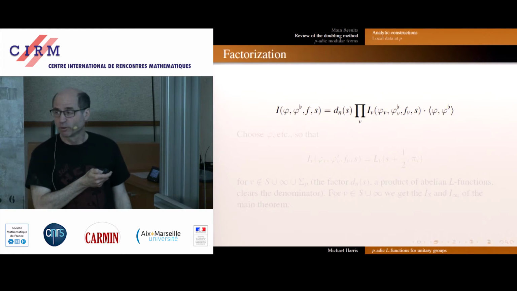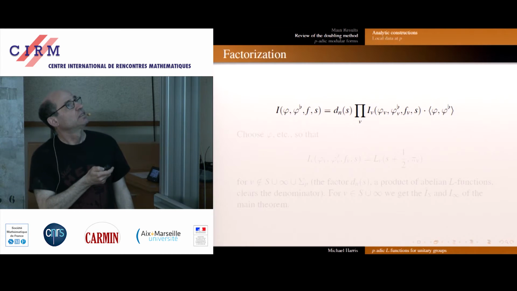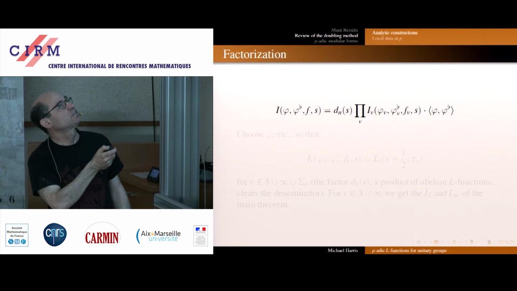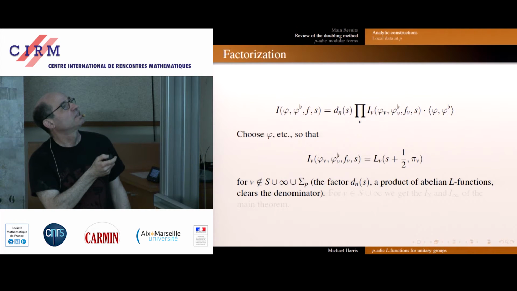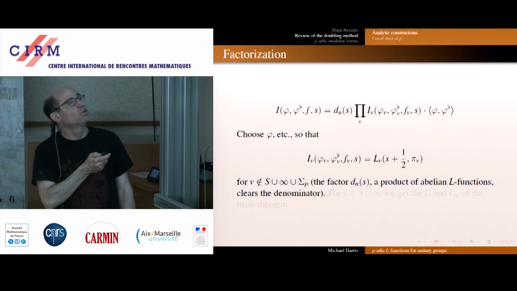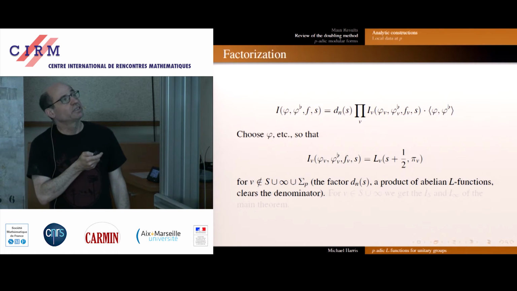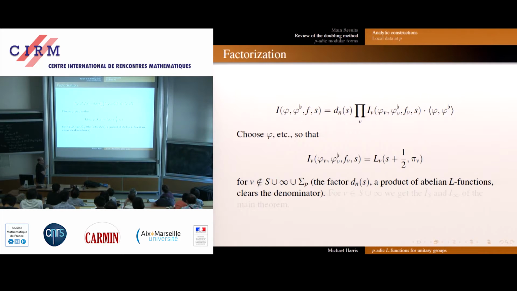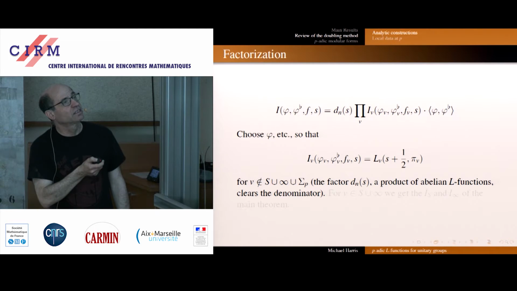Here's the formula I just had. Oh, that dn of s is wrong. It's absolutely wrong. The dn of s is in the wrong place. It should be here. If v is an unramified place, that is to say v is not in S, v is not Archimedean, and v is not in the set of sigma p, what you get here is the standard Euler factor.